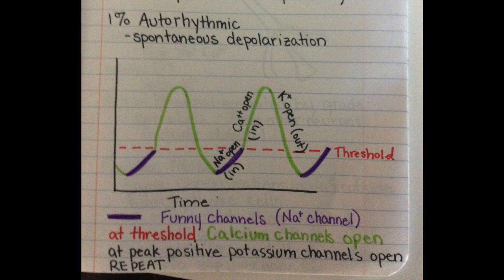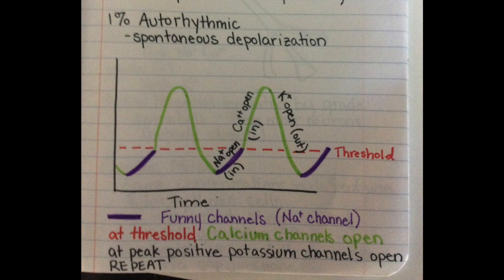As the autorhythmic cell becomes negative, these sodium channels open, allowing sodium to rush into the cell along its electrochemical gradient. These channels remain open until threshold is reached. When threshold is reached, calcium channels open, allowing calcium to rush into the cell along its electrochemical gradient.